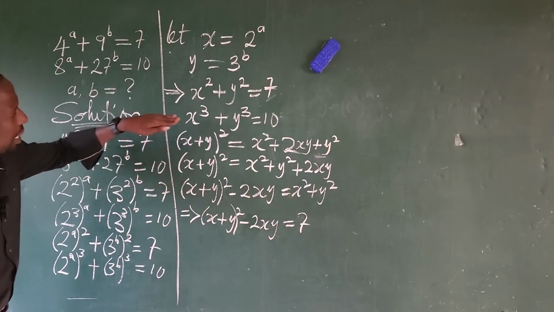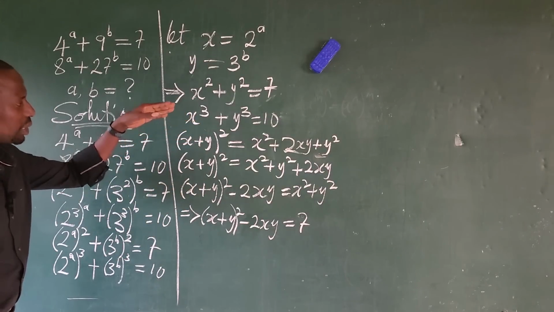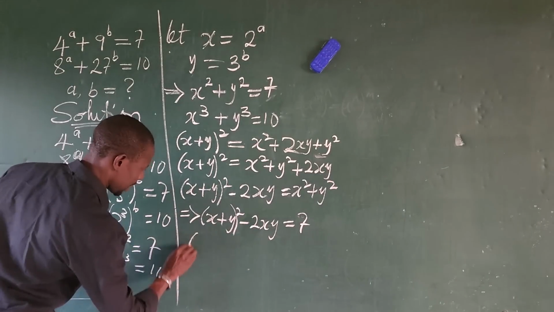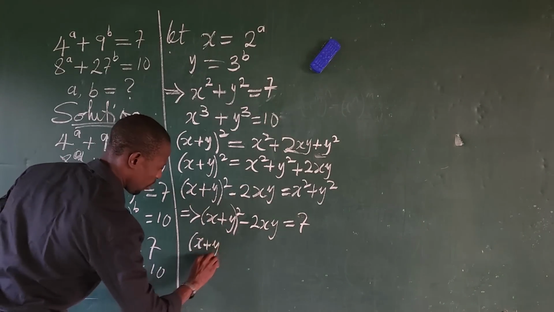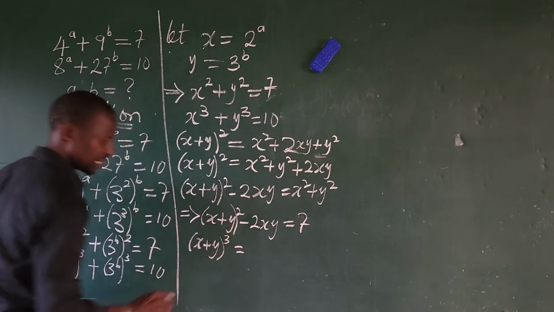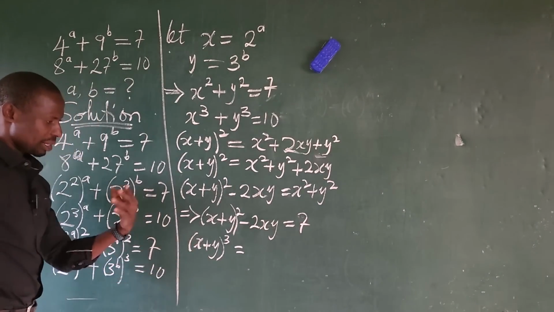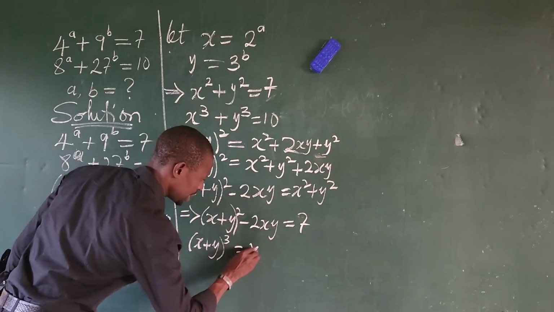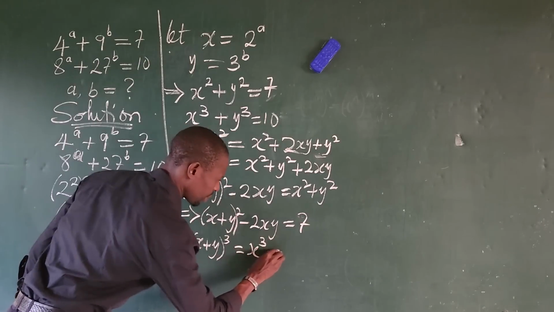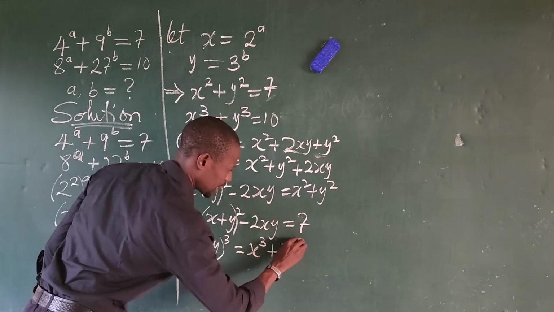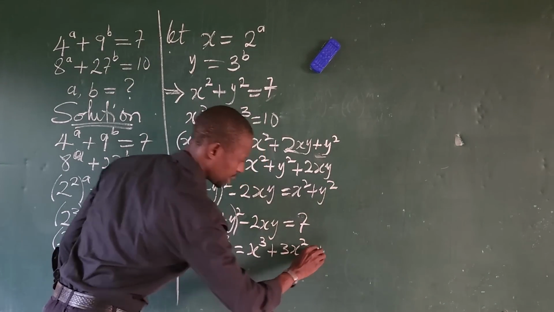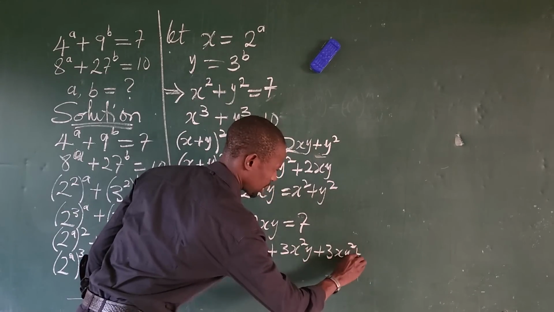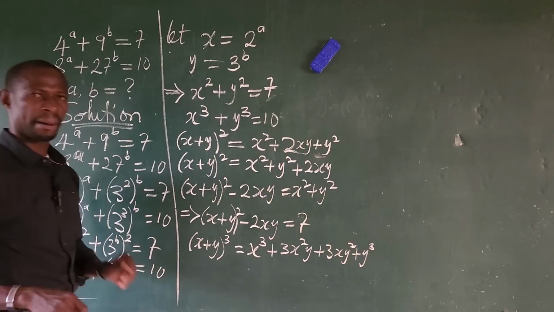Okay, so we can equally look at this and use special algebraic identity to bring something like this. If we have (x + y) all to the power of 3, and we use Pascal's triangle or the binomial expansion to open this up, we are going to come up with x to the power of 3 plus 3x squared y plus 3xy squared plus y to the power of 3.